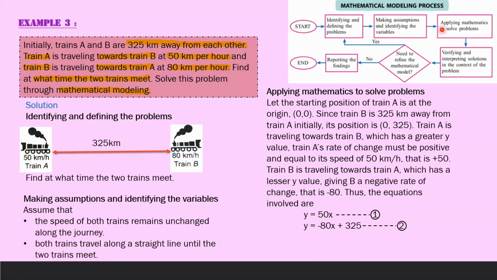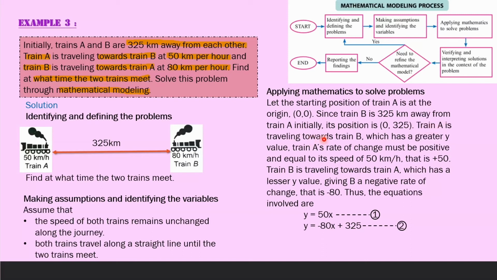The third step of the mathematical modeling process is applying mathematics to solve the problem. Let the starting position of train A be at the origin (0, 0). Since train B is 325 km away from train A initially, its position is (0, 325).